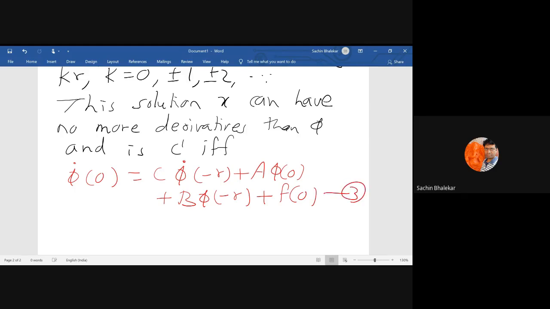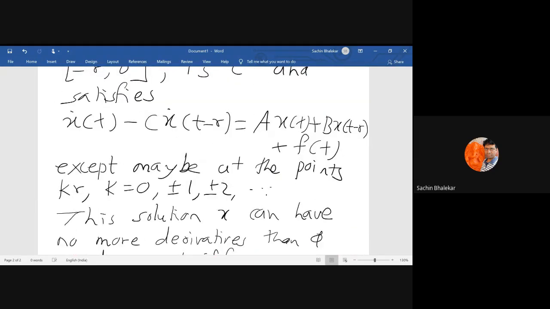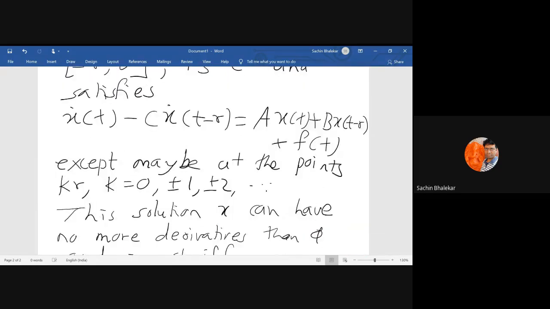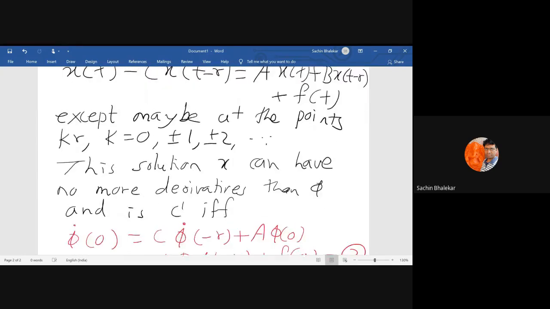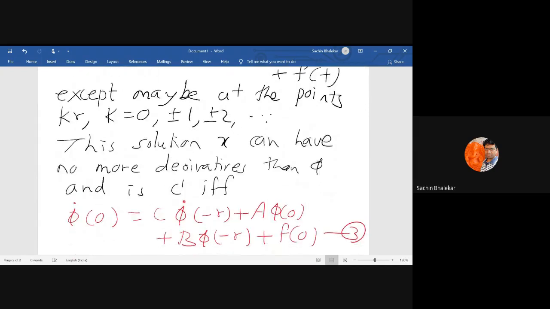You can see that this is nothing but our given equation where we replace x by phi, and we substitute t to be 0. So x dot of t means here we are taking phi dot of 0.